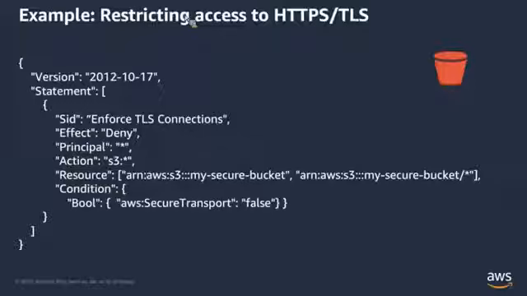So for any operation from any principal, we're going to deny if our condition is not true. And our condition is a Bool, which is essentially just a true-false. aws:SecureTransport, false. So if this request comes in over HTTP, then this would resolve to true, and the request would be denied.